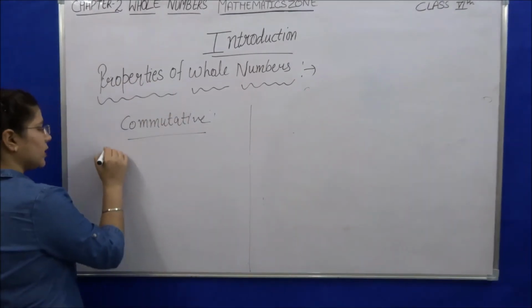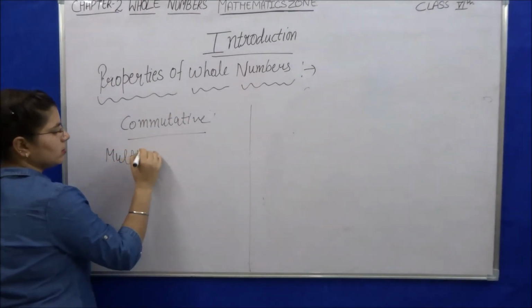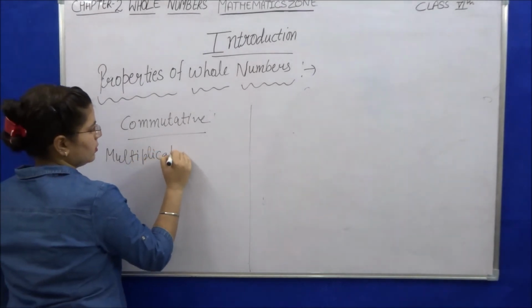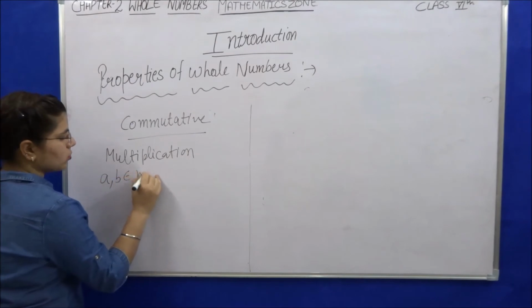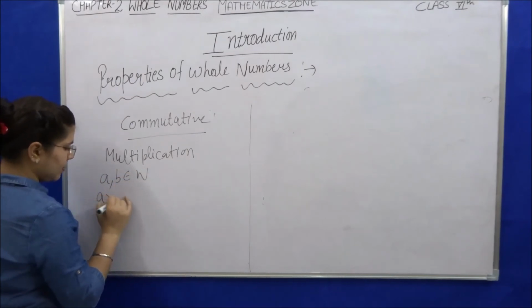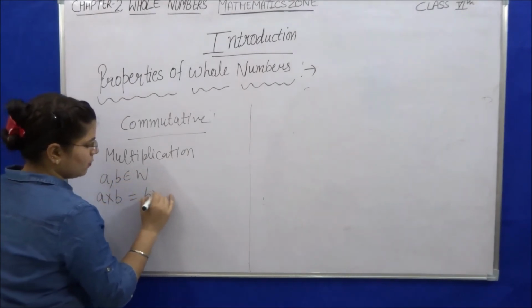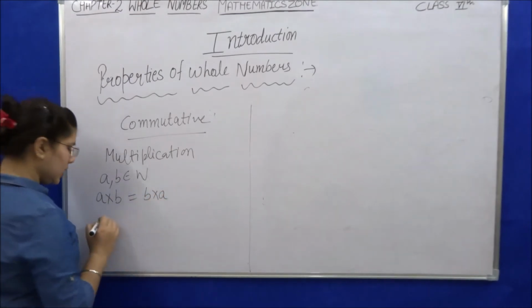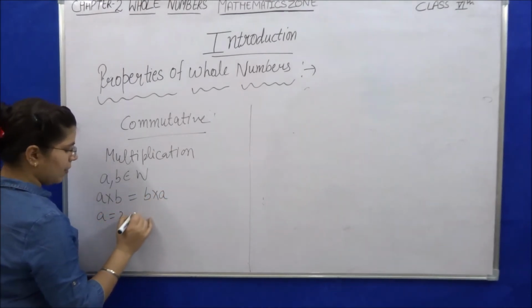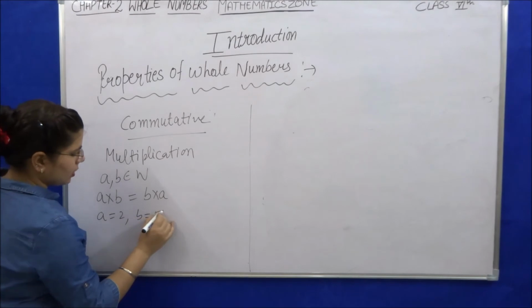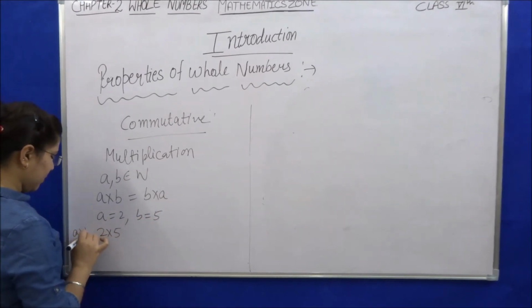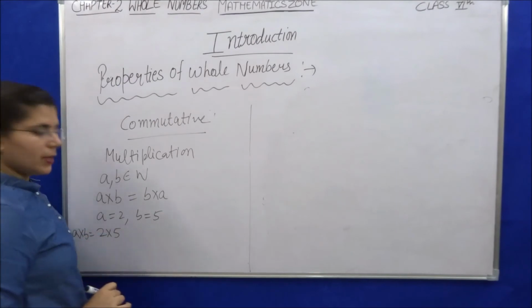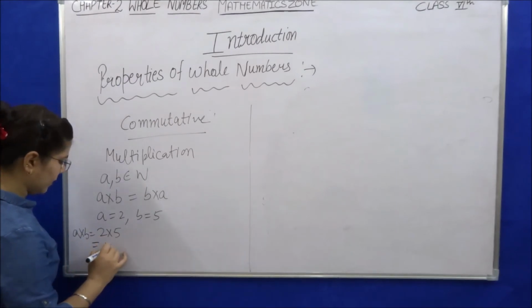Now let us do the case of multiplication. That is, A and B belong to W, then A multiplied by B will be equal to B multiplied by A. If we take A as 2 and B as 5, then A multiplied by B is 2 multiplied by 5, which is equal to 10.